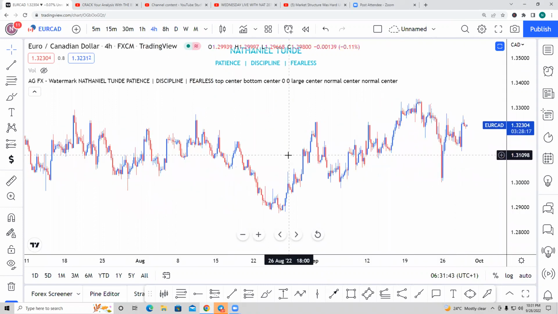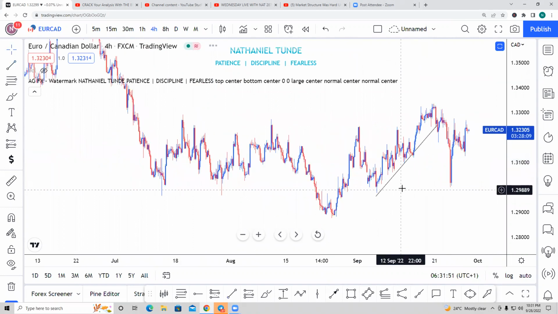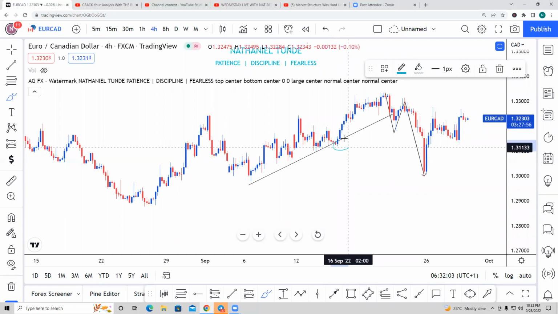We did say that we still want to move to the upside on this pair, and you see this trend line that is developing here, and you see this massive three-wave move to the downside. This three-wave move to the downside has cleared all the liquidity at this level, this level, this level.